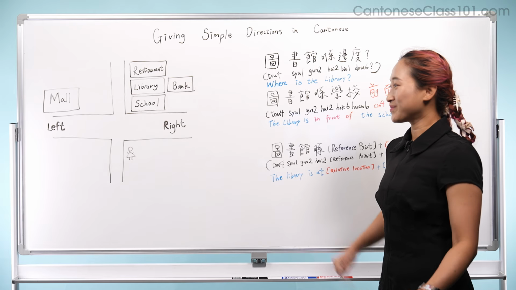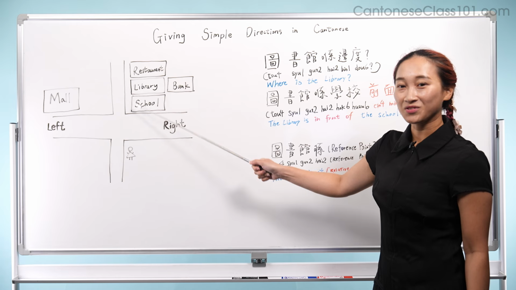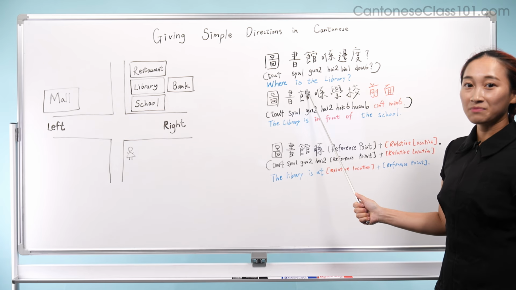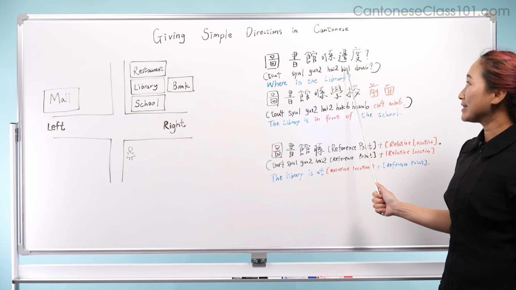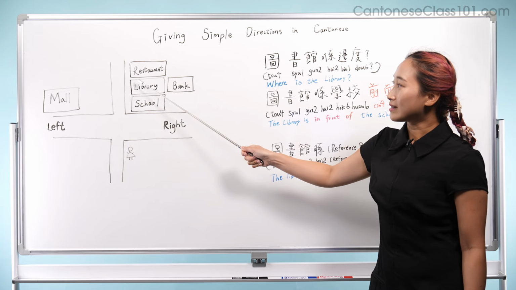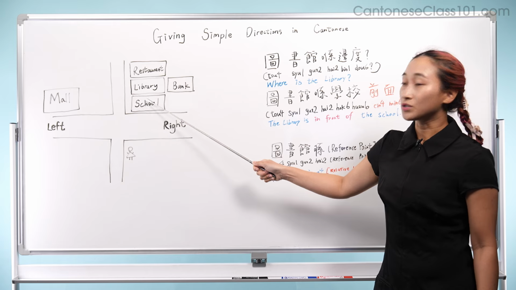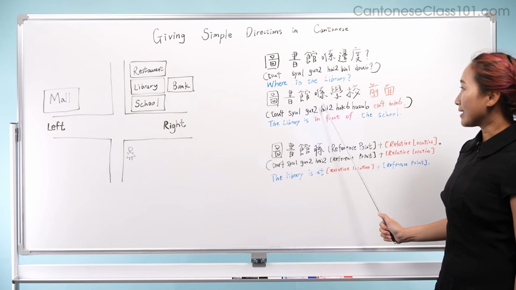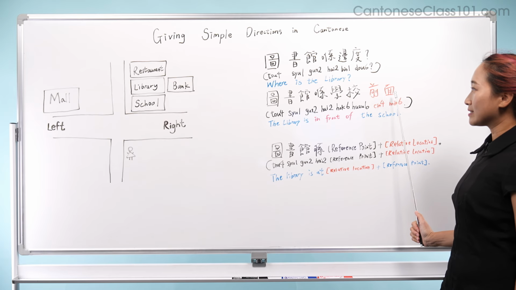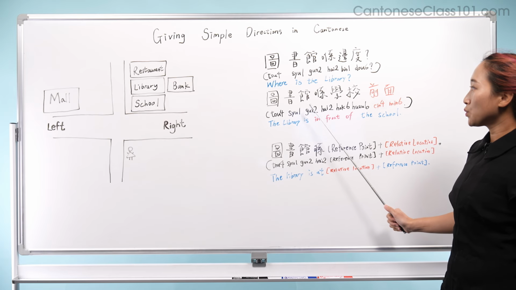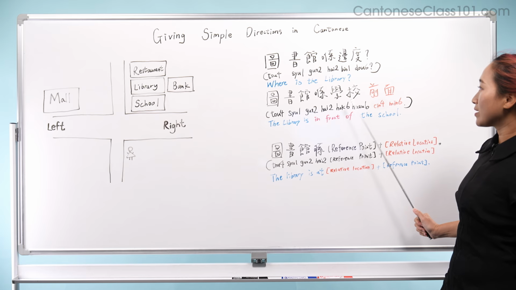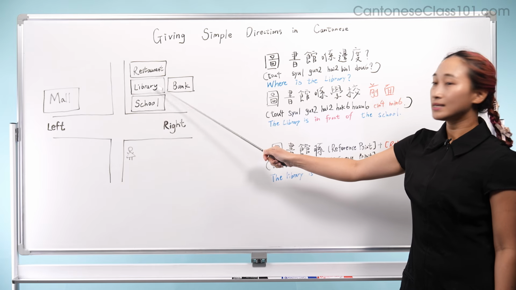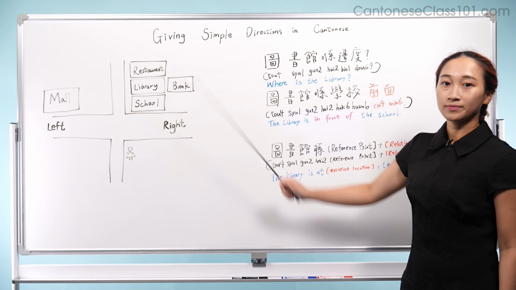Here is a scenario. This is me walking down the street. When I'm over here, someone asked me, "Where is the library?" 圖書館喺邊度？ You can see the library here, and I will use the school in front of it. 圖書館喺學校前面。 The library is in front of the school.